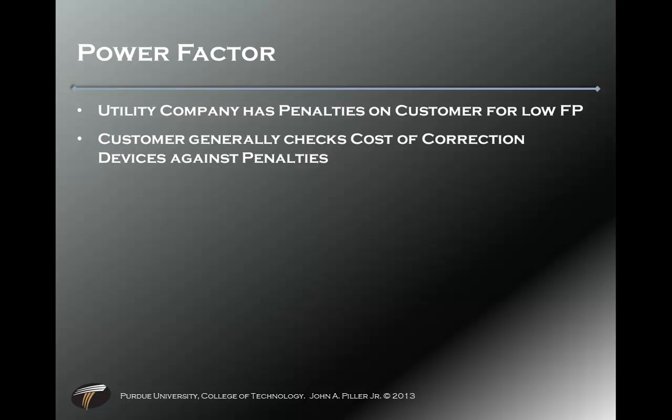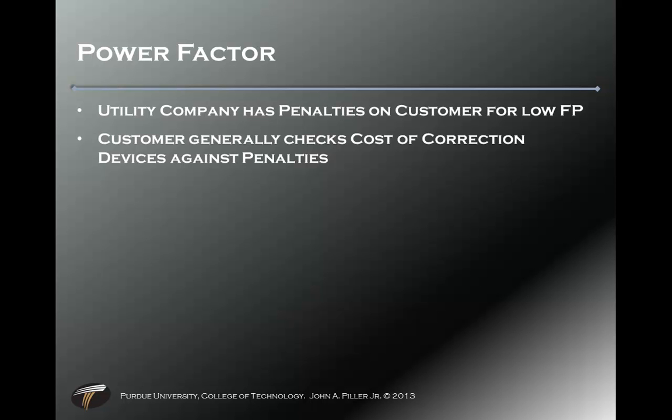Other than the fact that you're paying for energy that you're not going to get any useful work out of, the utility company actually has penalties on customers who have low power factors. The increased current on your system is also reflected on their system. So if they have too much load going to you and it's not useful load, there's just too much draw happening.